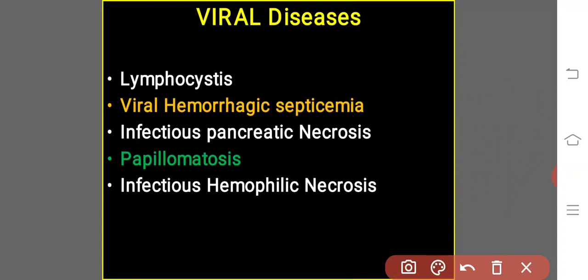And here the virus is the smallest in size when compared to all the other pathogenic organisms. The size may be less than 0.3 microns, and they do not have their own enzymes or own metabolism. They multiply only in the living cells, which may result in the degeneration and formation of inclusion bodies.